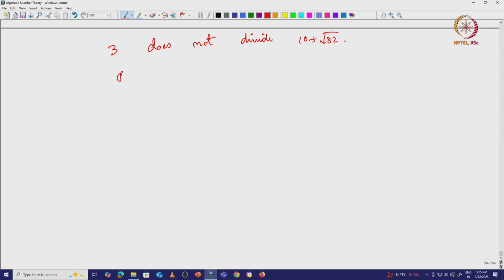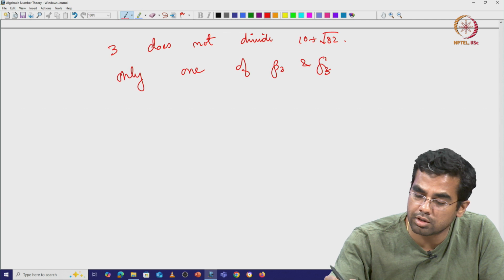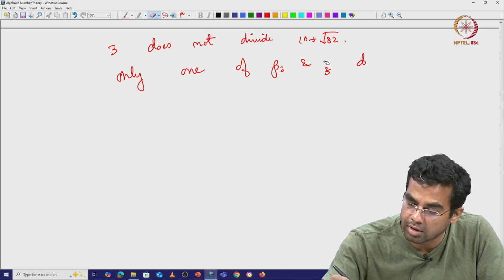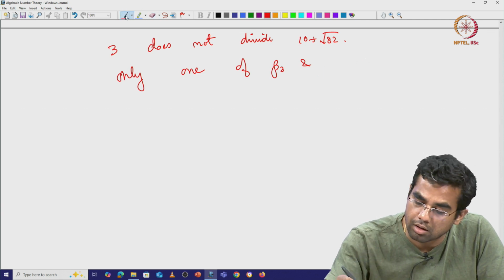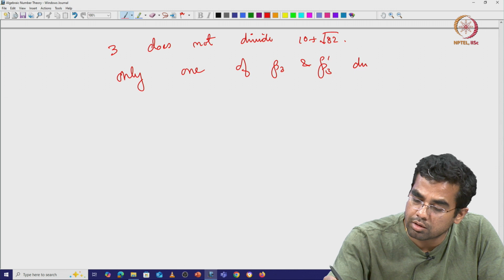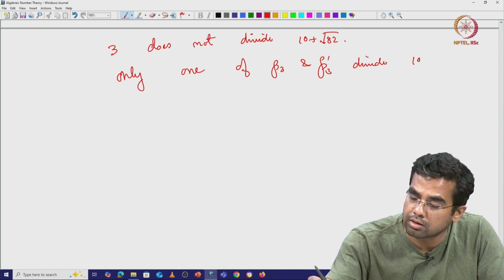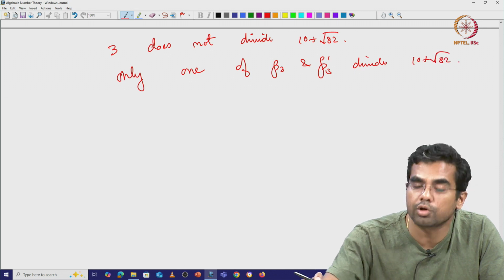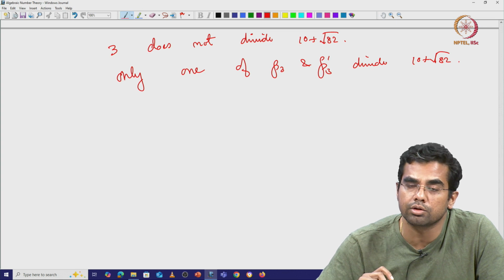So, only one of P3 and P3 prime divides 10 plus square root of 82, because if they both divide then 3 will also divide.